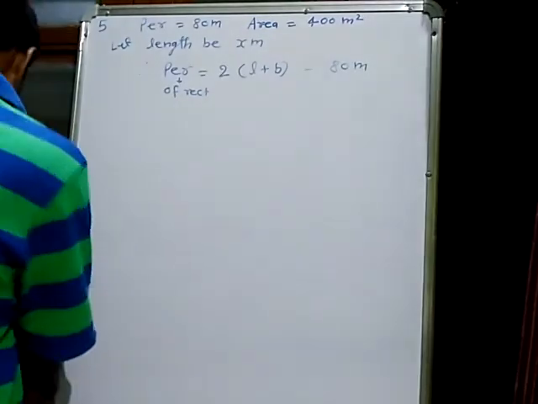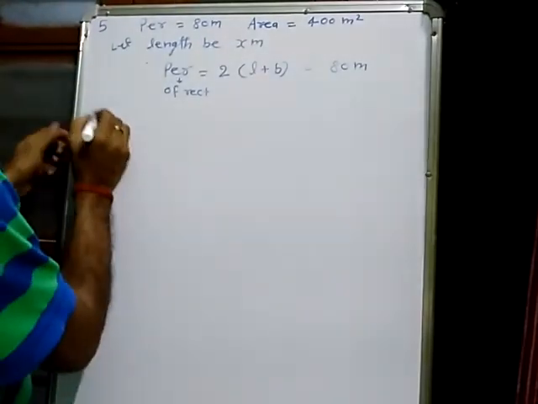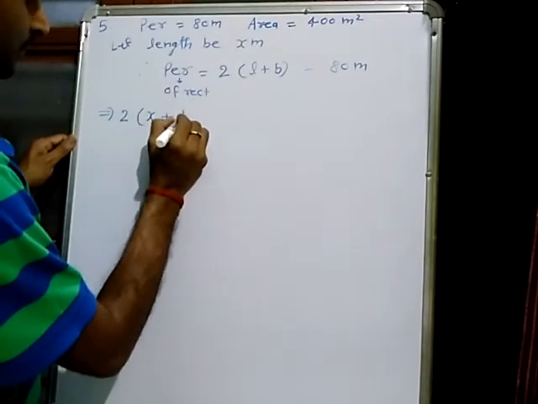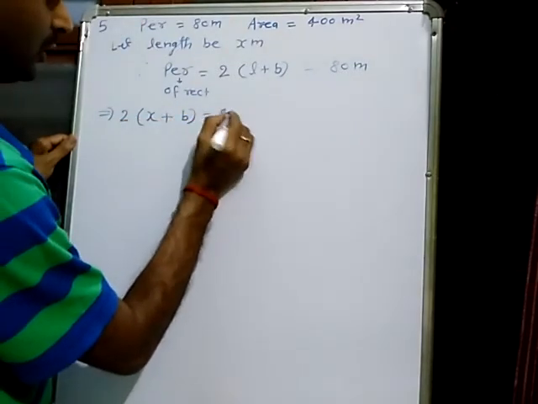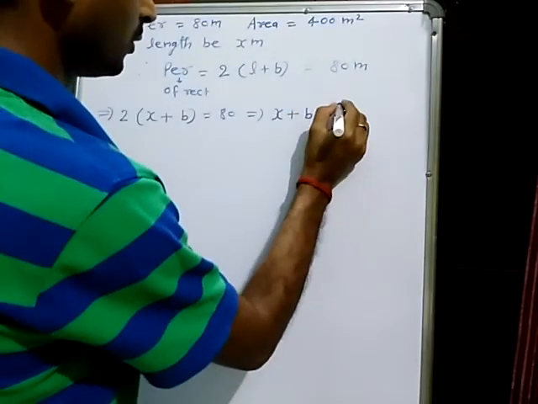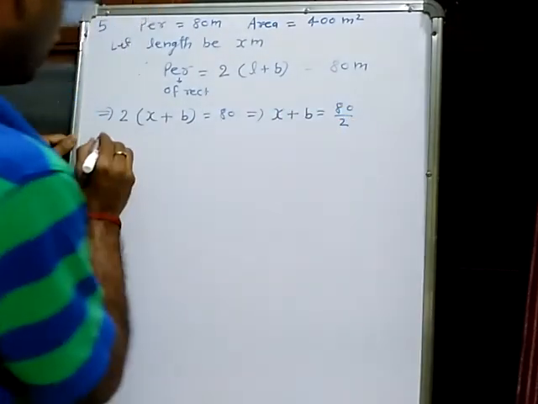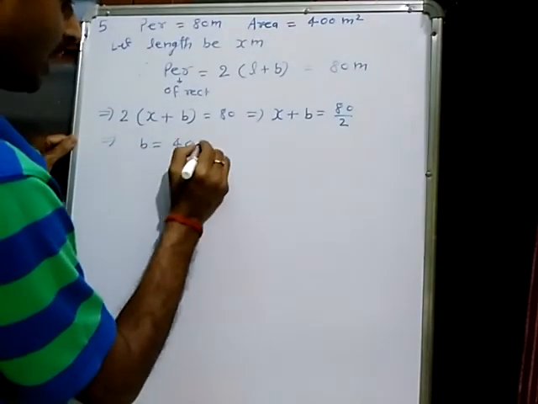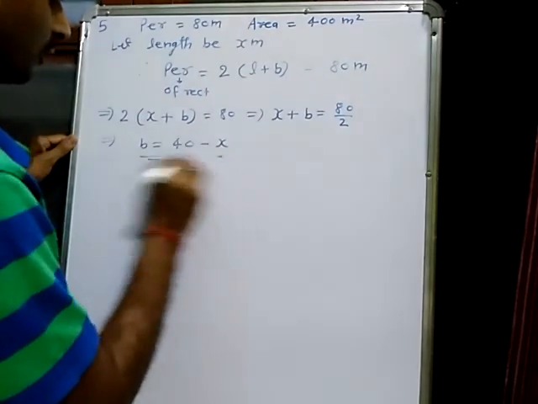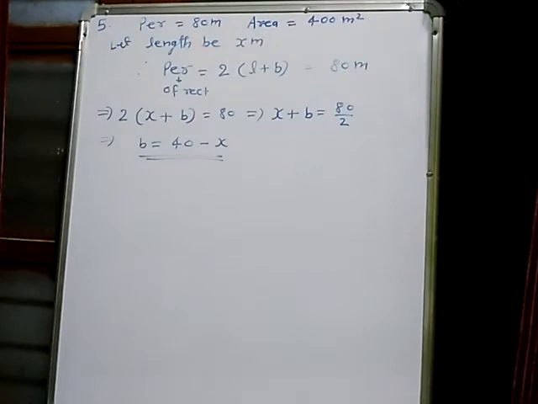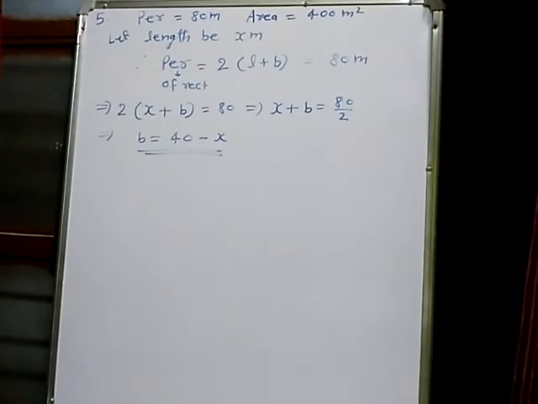So twice of L को हमने x suppose किया, तो x plus B is equal to 80. If 2 को transpose करें तो x plus B is equal to 80 upon 2. So therefore B is equal to 40 minus x. I can write this ना. तो width हमको find out हुआ. Its breadth becomes 40 minus x, correct ना? Its breadth becomes 40 minus x in meter.